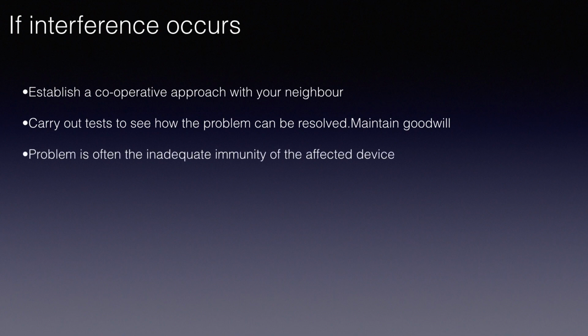The problem is often the inadequate immunity of the affected device, but don't assume necessarily that's the case. Older devices, before the EU directive, may not have the appropriate immunity and therefore may be easily affected, and that causes a problem.